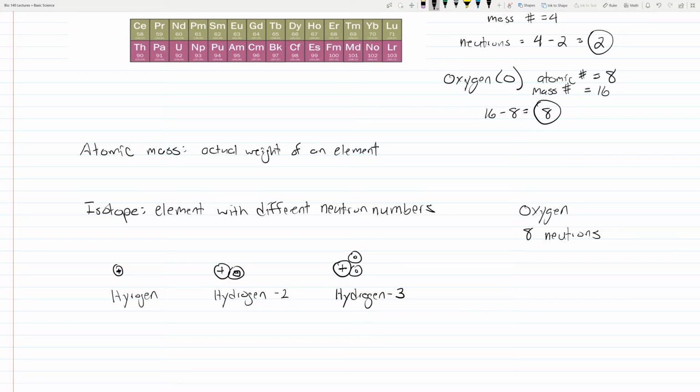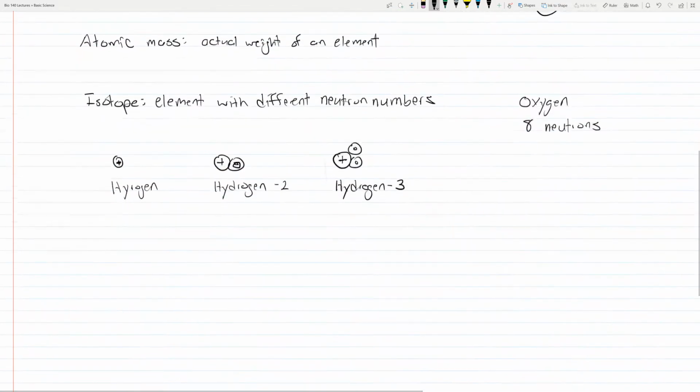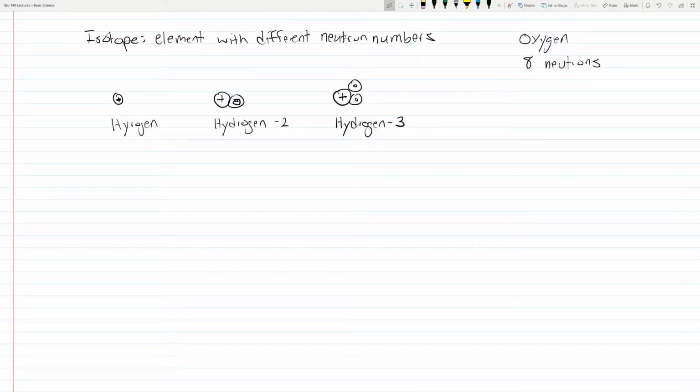Where that argument falls apart is if the neutron count is too high, or too low, sometimes it is radioactive. And when you have an isotope that spontaneously decays, where energy is just spontaneously released from the nucleus, that is called a radioisotope.